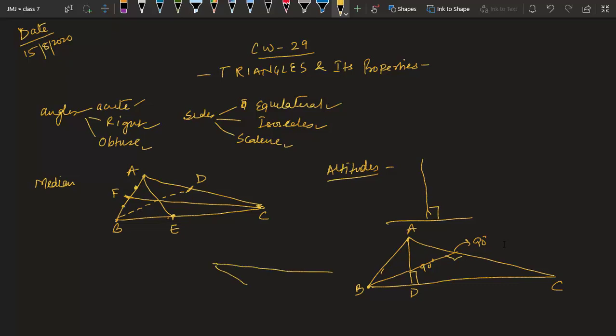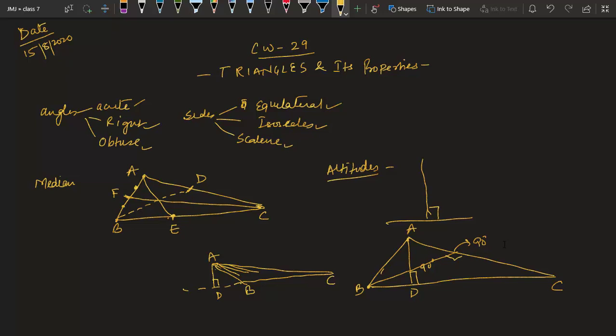So if the triangle is like this, in this case you all can see we cannot draw altitudes inside, because whatever you will draw, that will never be a 90 degree angle. So you have to extend this BC backwards and you have to draw altitude then like this. So altitudes can come outside the triangles also.